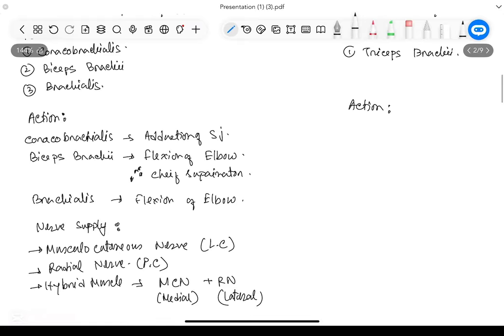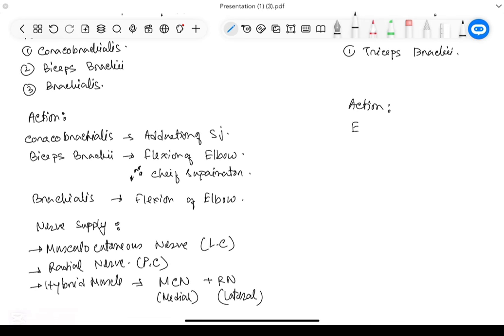So let's summarize. Triceps brachii action is extension of the elbow. And its nerve supply is the radial nerve, which comes from the posterior cord of the brachial plexus.